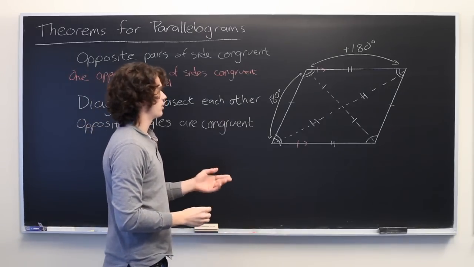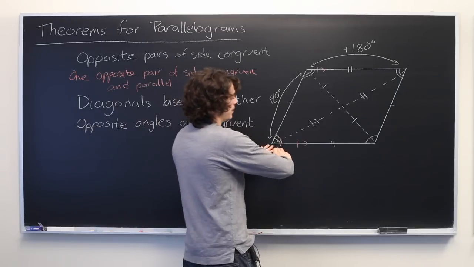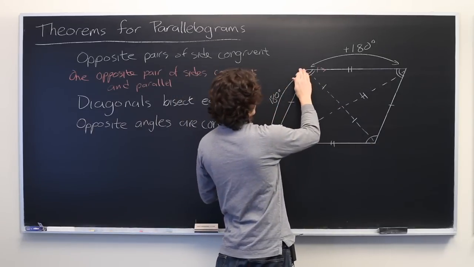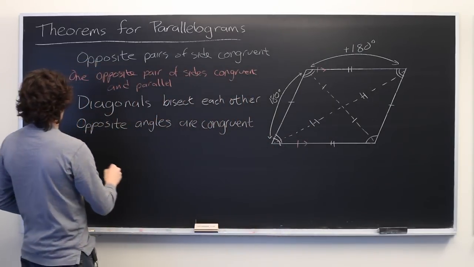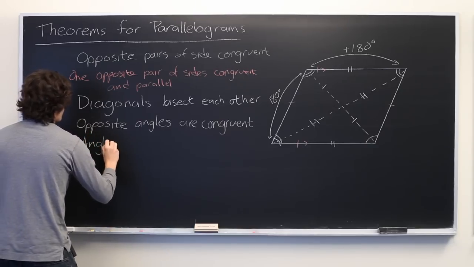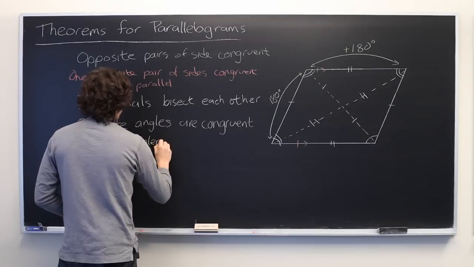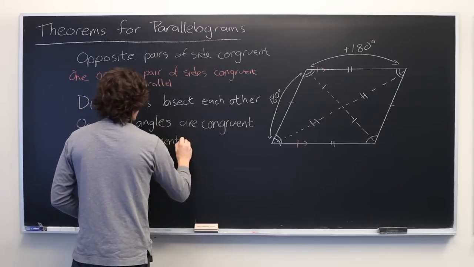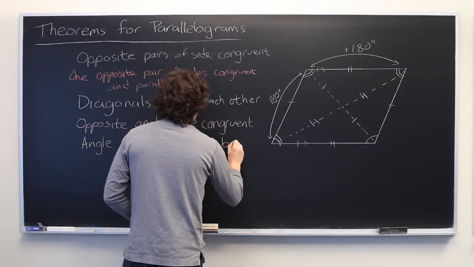So in simplest terms, if you can find any angle such that its adjacent angles are supplementary to it, then it must be a parallelogram. So we have angle is supplementary to both adjacent angles.